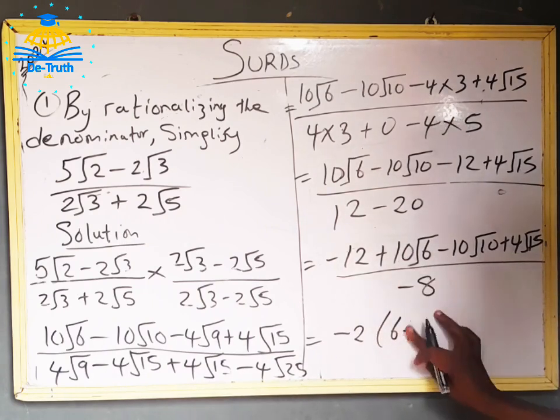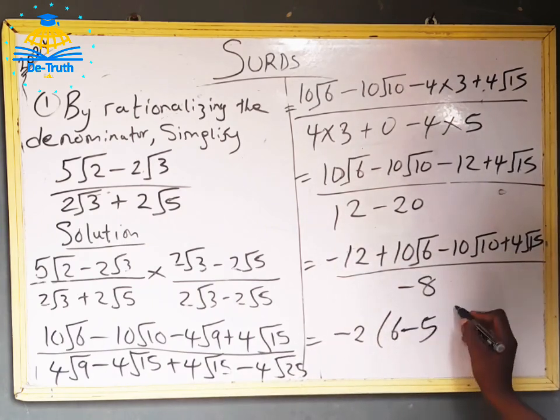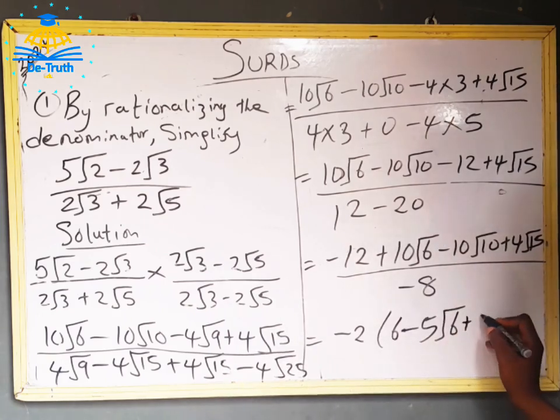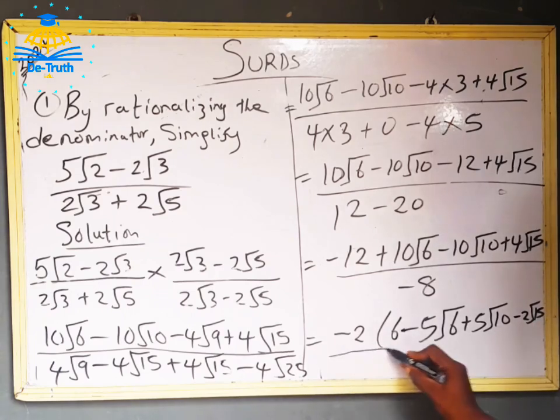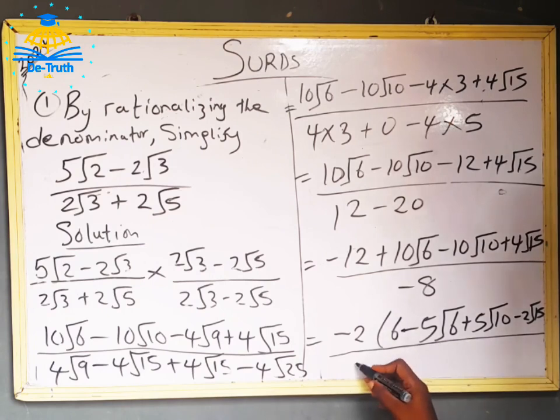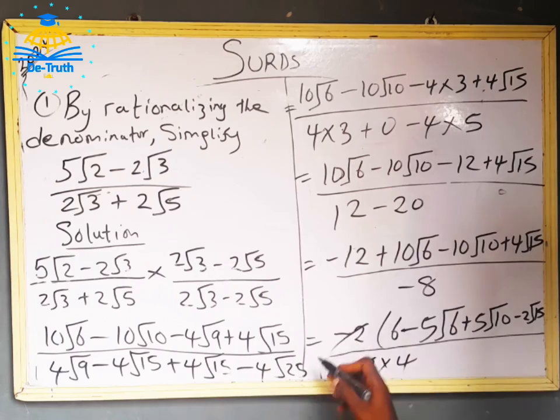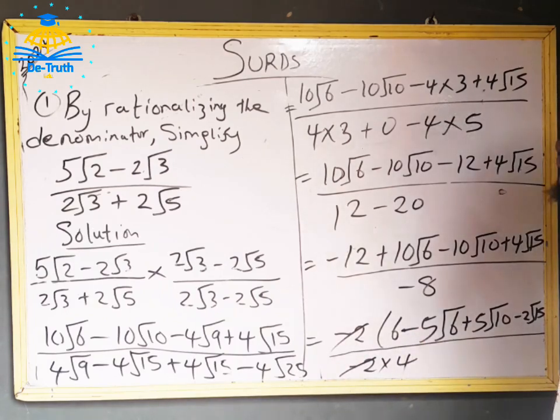We have minus 5 root 6 here, plus 5 root 10 here, and minus 2 root 15 all over minus 2 times 4. So this cancels now. This is our answer: 6 minus 5 root 6 plus 5 root 10 minus 2 root 15, all over 4.